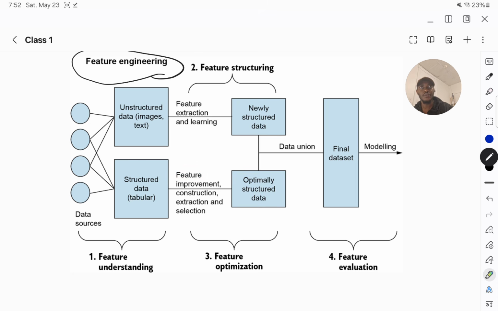For example, if you have images that are not very clean, you can enhance the feature, and then construct or reconstruct the image, and then extract and select the images that you want, and then have your final data set and then feed into your model.